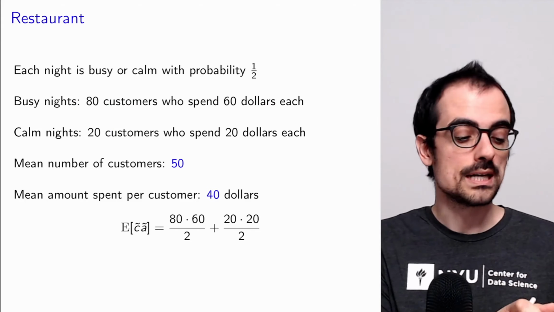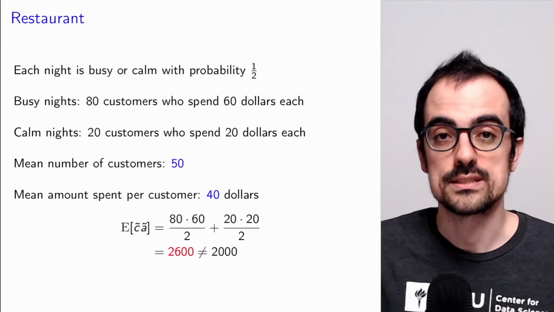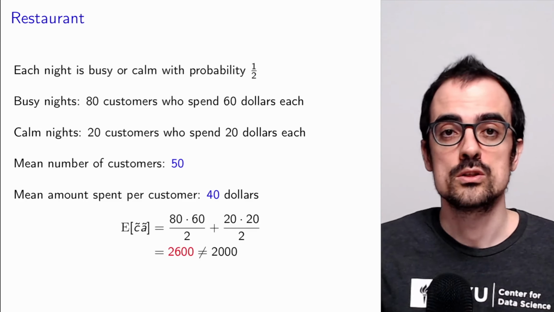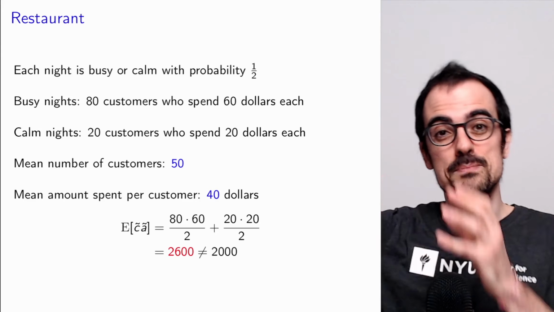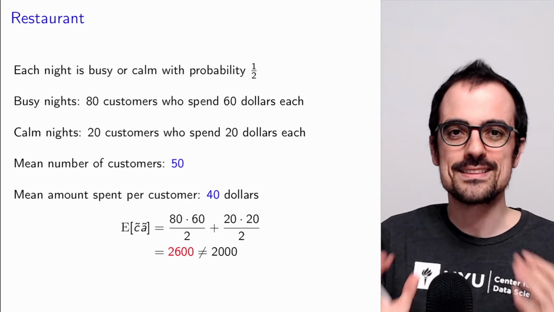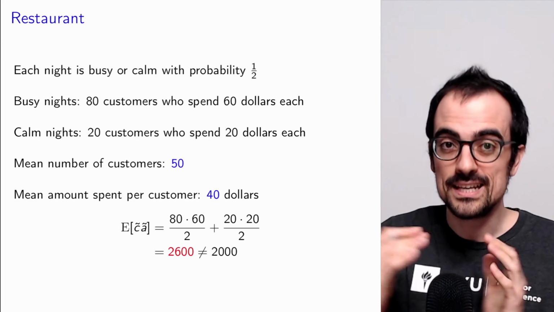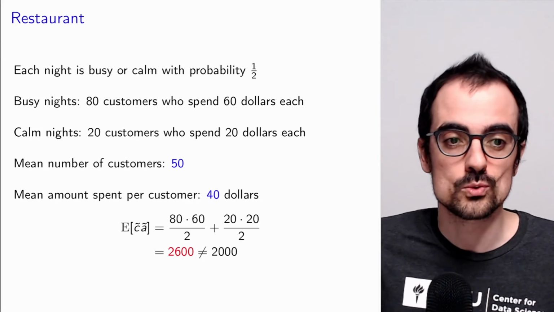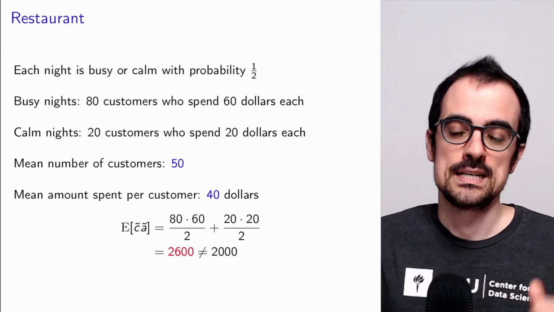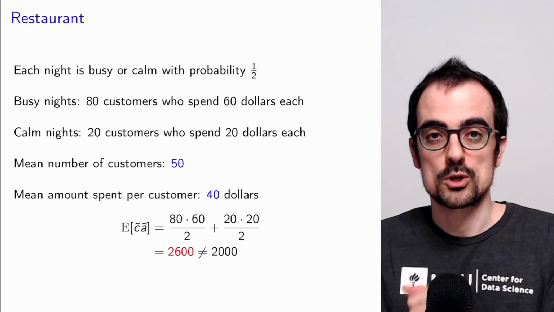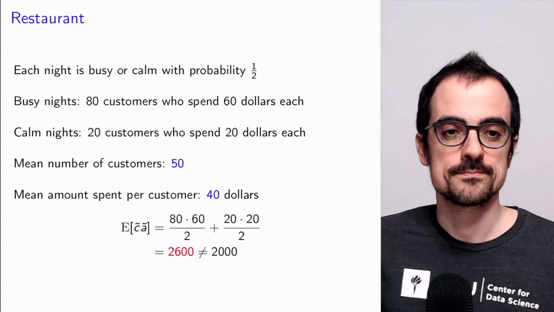And if you compute that, it's actually equal to 2,600, not 2,000, because when you have more customers, they spend more per customer, and this dependence boosts the mean beyond what you would expect if you had independence. So again, you have to be very careful. The mean of the product is equal to the product of the means only under independence.